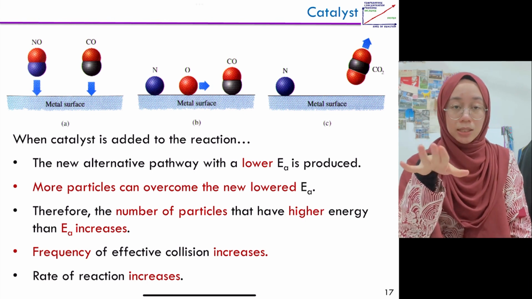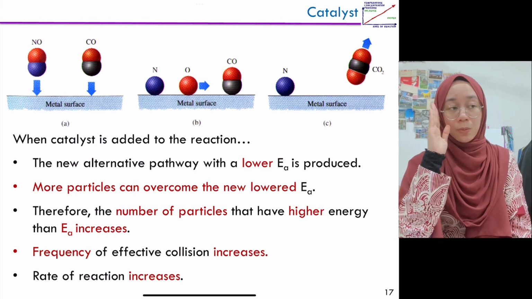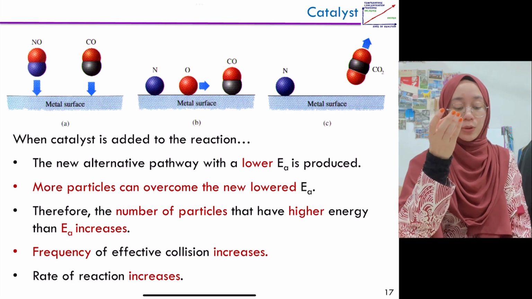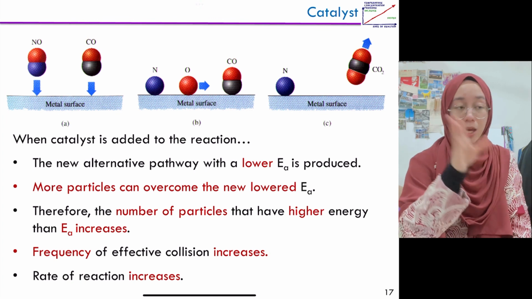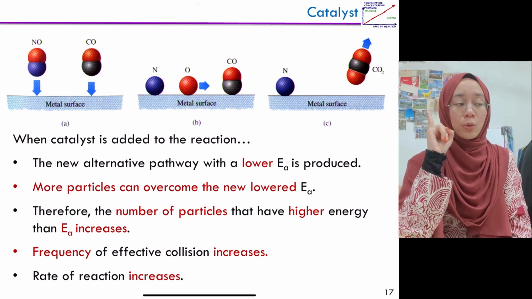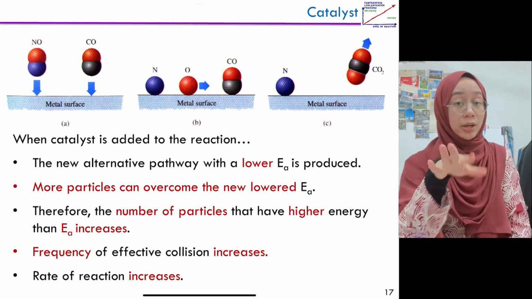For the catalyst, besides understanding what it does to the energy pathway, you also have to know how to draw the energy profile diagram showing the energy pathway for the reaction with catalyst and without catalyst.